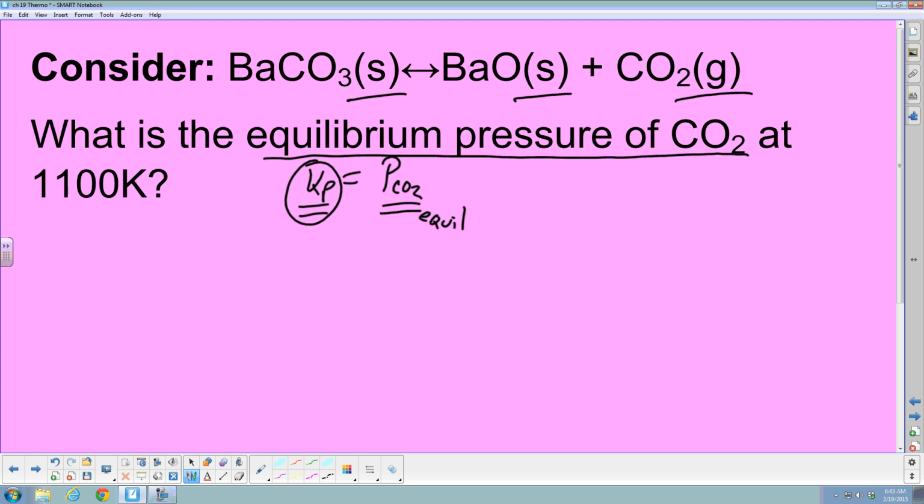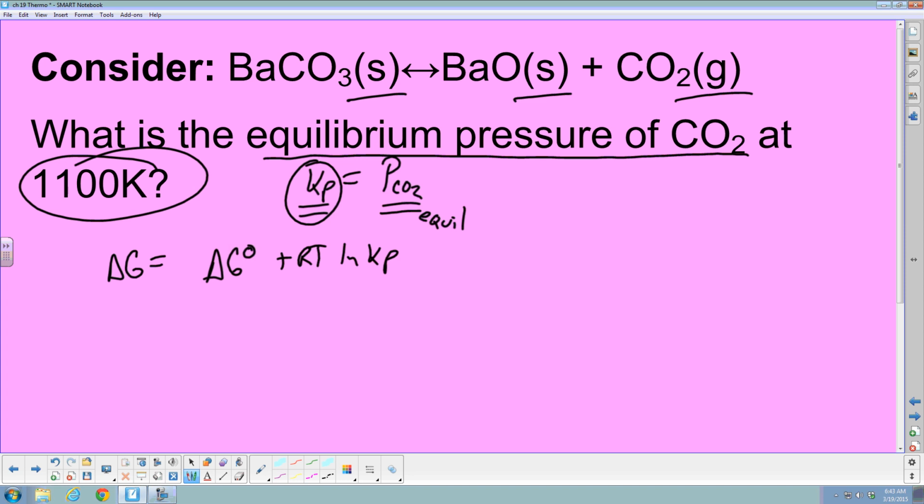Now, we would think that's easy. We'd say, okay, yeah, we're just going to take delta G is equal to delta G prime plus RT natural log of Kp, right? Except, what do you see there? That looks like 1100 K, which is not equal to 298 K, which means I cannot calculate a delta G prime.